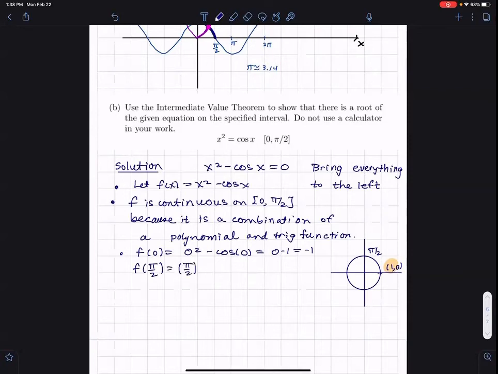I don't think I need to use a calculator to say, well, pi over 2 squared is around 3/2. I don't even think I need to know that, because it's minus cosine pi over 2, and cosine pi over 2 is 0.